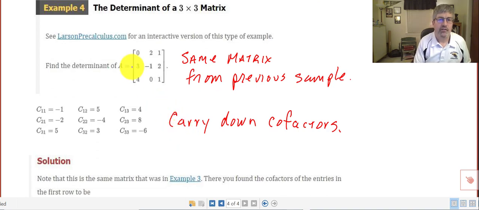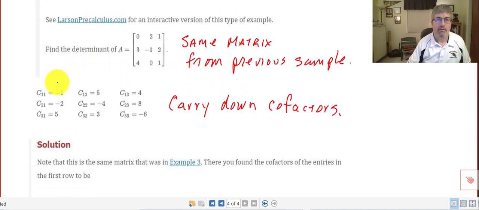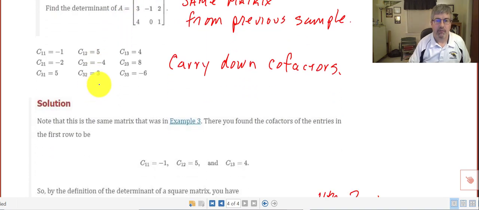So if we want to find the determinant of this matrix, we'll need all the minors and the cofactors. Good news is we've already done that in the previous sample. So we're going to use the same matrix from the previous sample. I'm going to carry down our cofactors from earlier in the problem. So now all we have to do is choose one of the rows and multiply each term by the corresponding cofactor in that row.